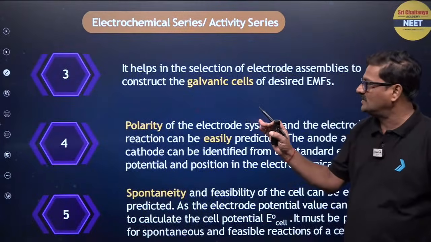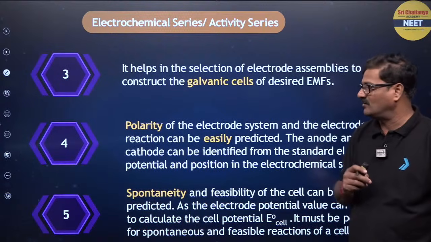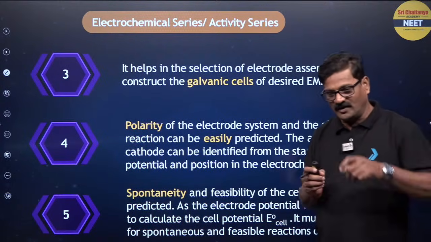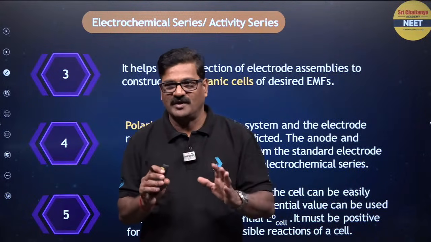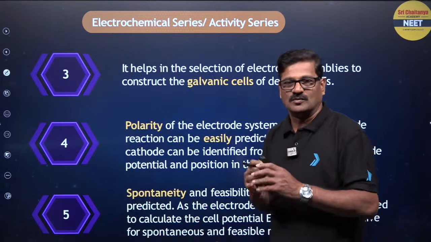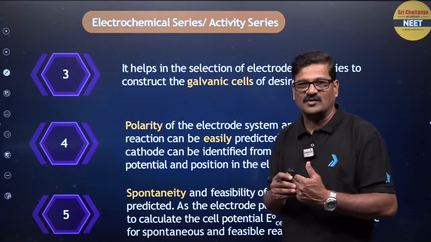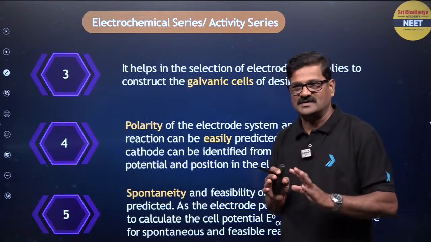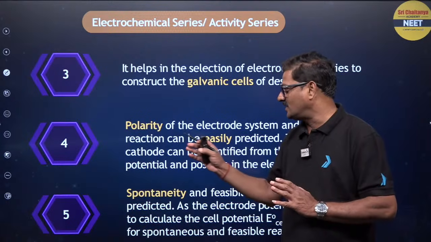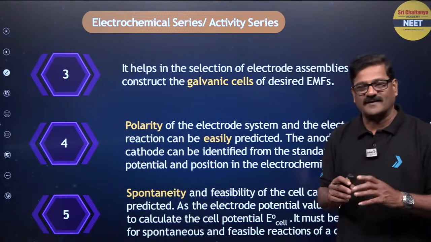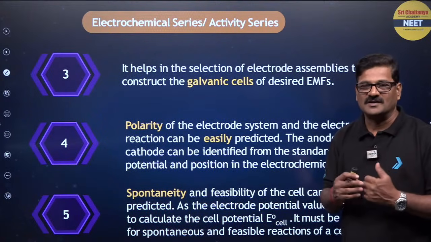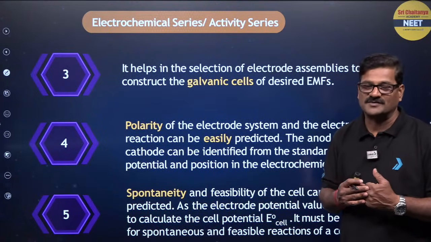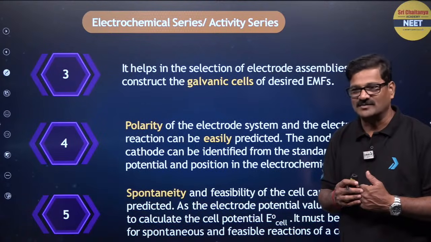And also, bacho, it helps to construct a galvanic cell. If you take any 2 electrodes, which can be a cathode, which can be an anode. So mathematically the bigger SRP value can act as a cathode and vice versa. And similarly, polarity: whenever cathode and anode are there, the anode is going to be negatively charged in the galvanic cell, the cathode is going to be positively charged in the galvanic cell, right, beta?